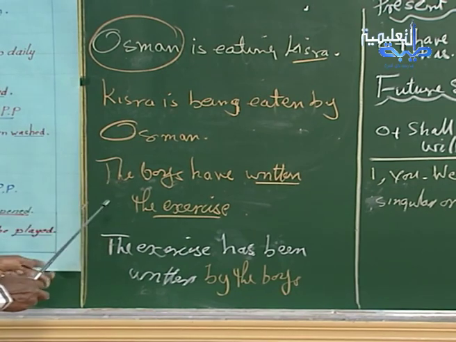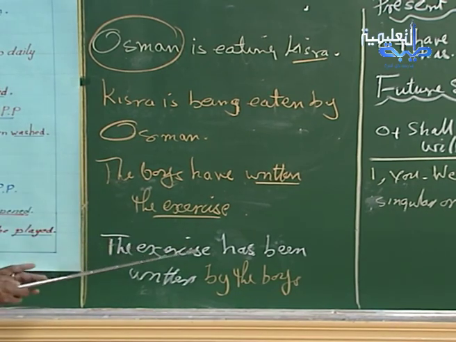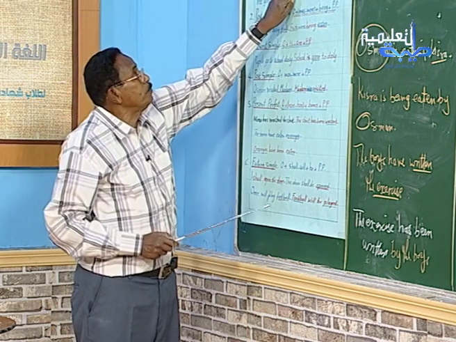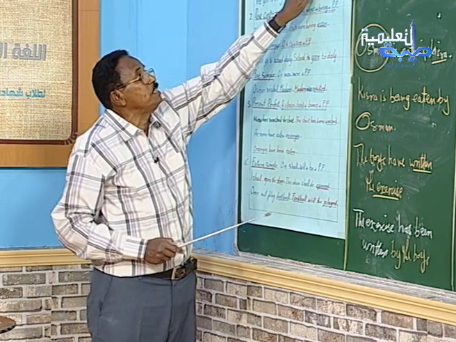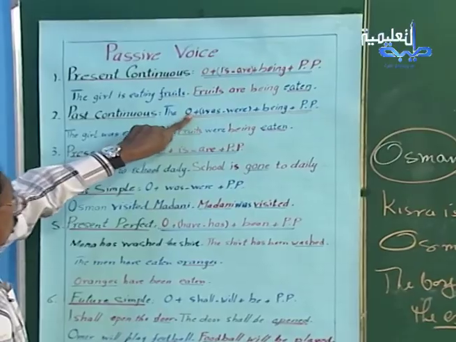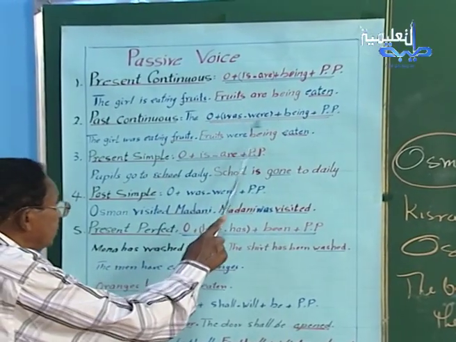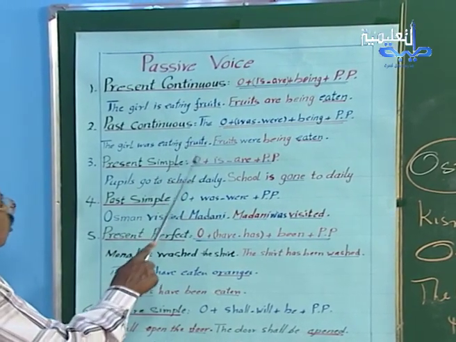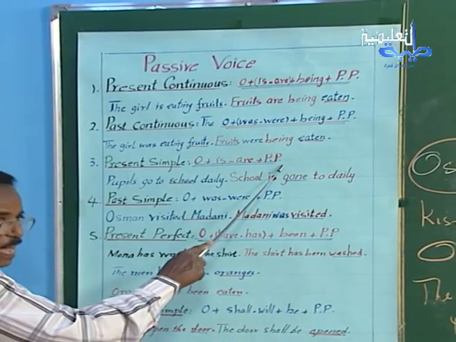The passive is easy, but it is very important for you to keep these rules. For example, for the present continuous, the rule is object plus is or are plus being plus past participle. For past continuous, object plus was or were plus being plus past participle. For the present simple, object plus is or are plus past participle.